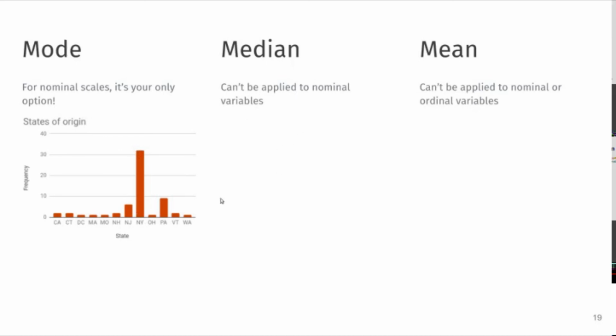Can't find a median because there's no meaningful order that you can impose on this. You can't find a mean because you can't add two states together and get another state. So you can't add together New York and Pennsylvania and get another state. You don't get Texas from that, for instance. That just doesn't make any sense. So you can't do a mean, you can't do a median, but you can do a mode when you have nominal scale data.